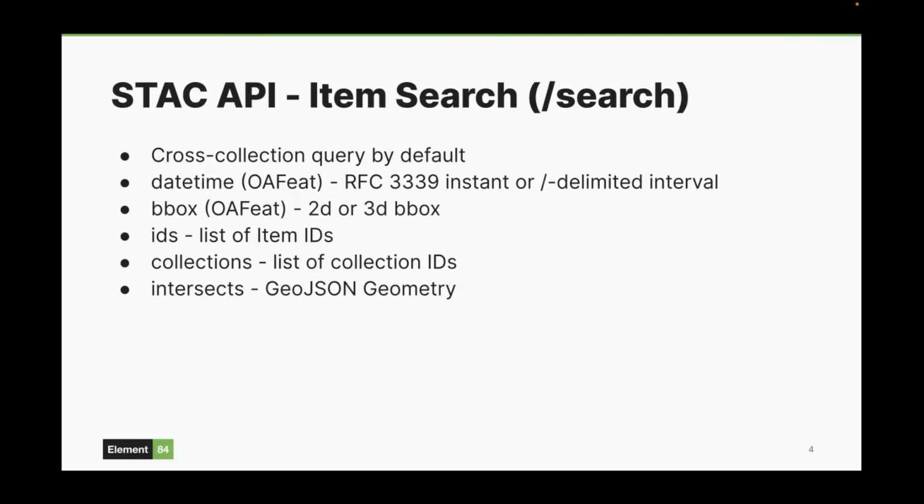The search endpoint additionally adds an IDs parameter that you can restrict the query with if you know the exact ID of the item you're looking for, or restrict it to a single collection. It additionally adds a spatial parameter, intersects, that takes a GeoJSON geometry instead of just a bbox, which allows a lot more precision for searching over an area that you're interested in.